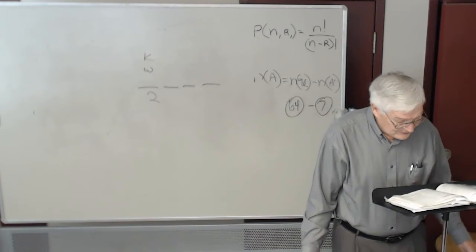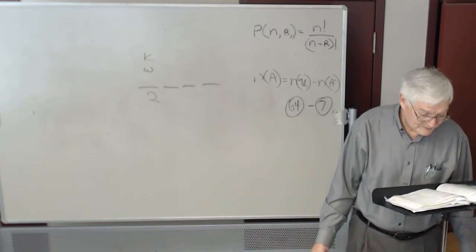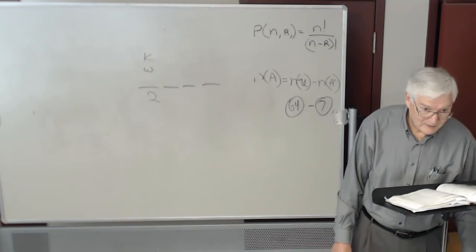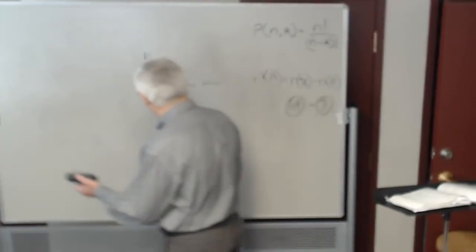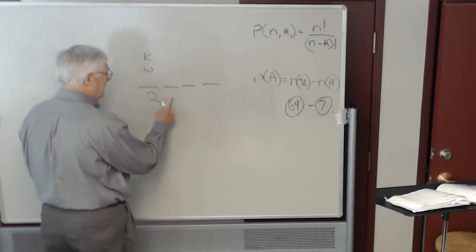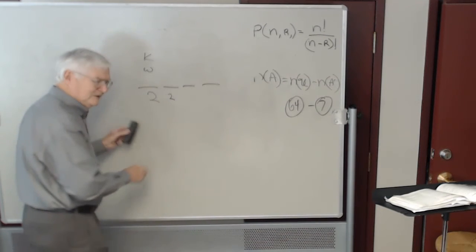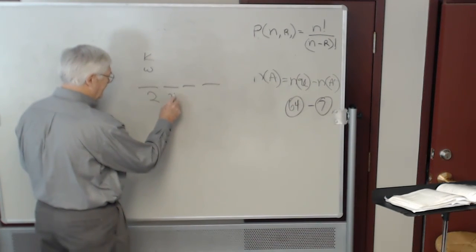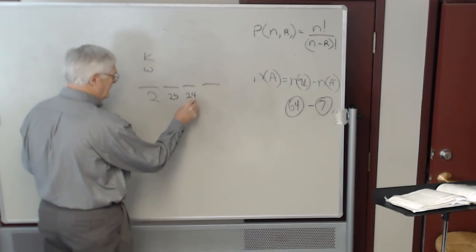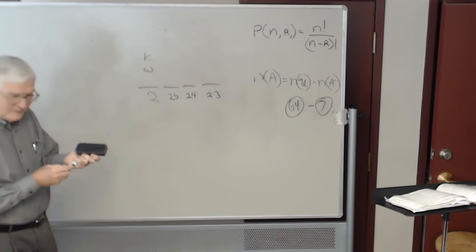And you can't have repetitions. Did you see that? No repetitions? So that means after I've used one of the letters here, I have how many left for here? How many letters in the alphabet? 26. So I have 25, and then 24 and then 23, because I can't repeat the letters.